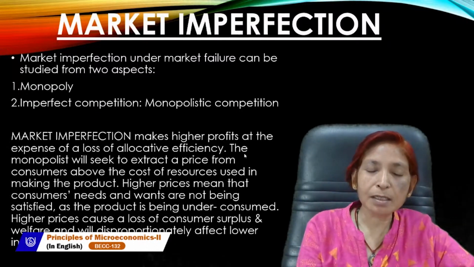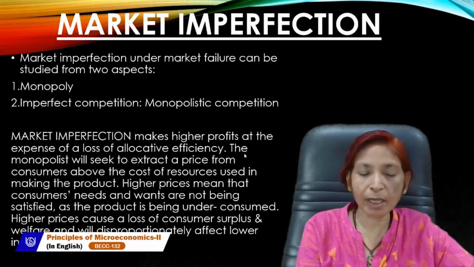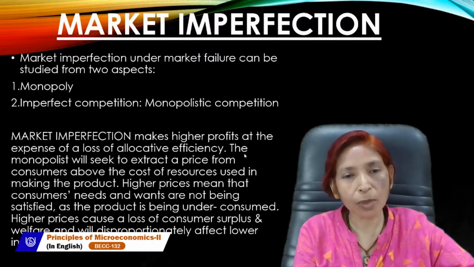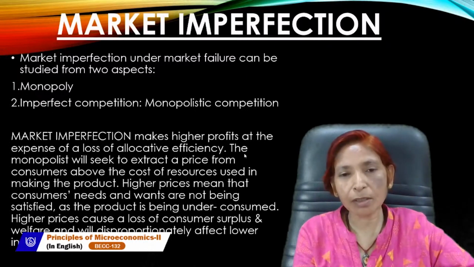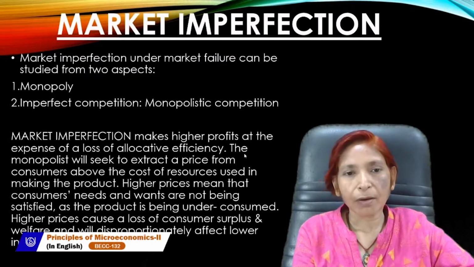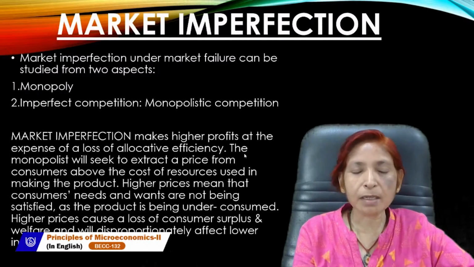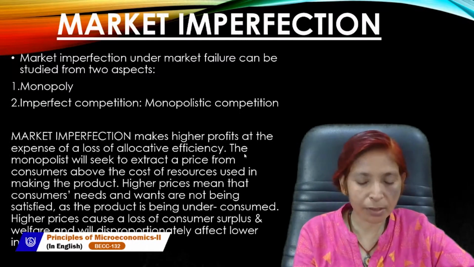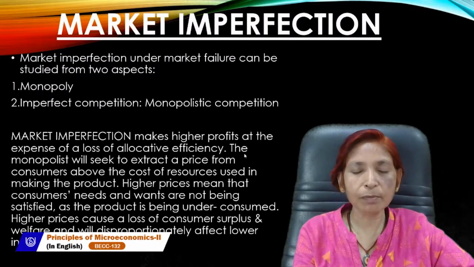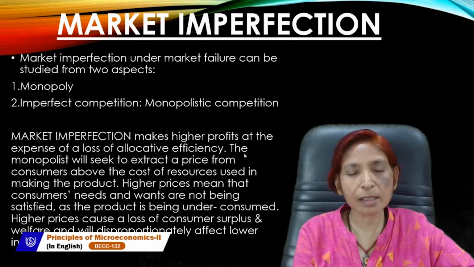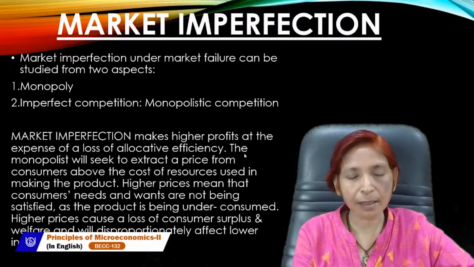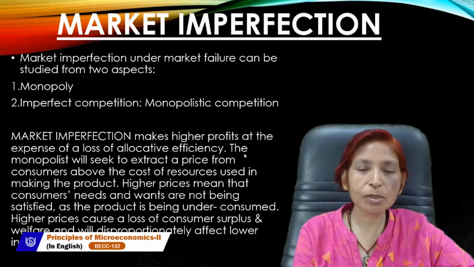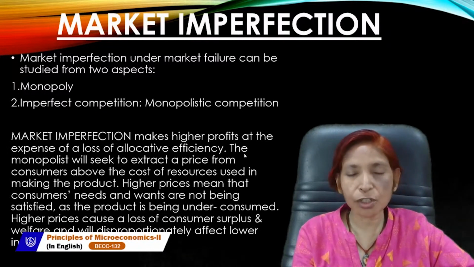Where AC and MC intersect, when MC cuts AC from its lowest point, the costs are equal, and that is called the least cost of production. But the firm wants to earn maximum profit, so it decides a higher price and decreases the output level. In this case, we can say that the firm has excess capacity to produce more goods but is not efficiently utilizing it.